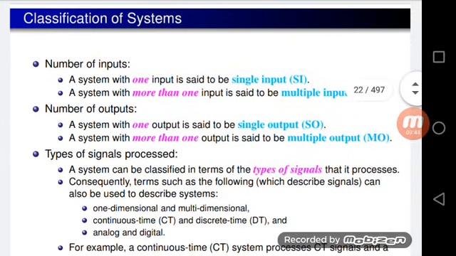Next is the classification of systems. By number of inputs, a system with one input is said to be single input, SI.